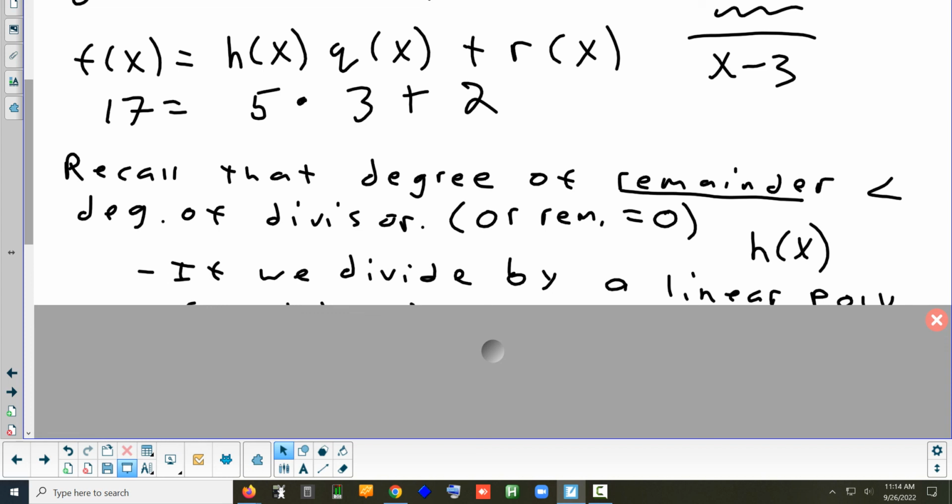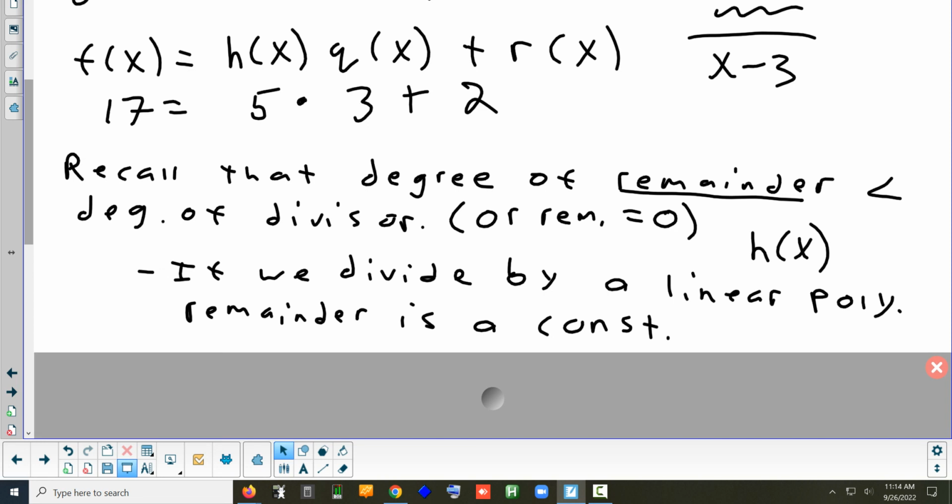And what is degree 0? 0? No. It's just 1, right? Well, what's an example of a polynomial that has degree 0? A constant. Any constant. So if you divide by something linear, your remainder will always end up being a constant. Just a number. Because it has to be a degree smaller than that. And if you go smaller than linear, you're at the constant.